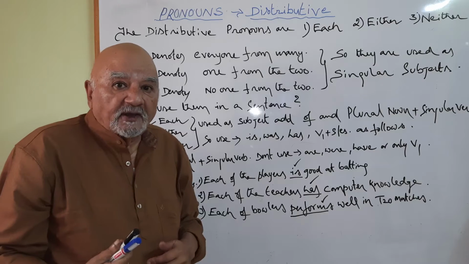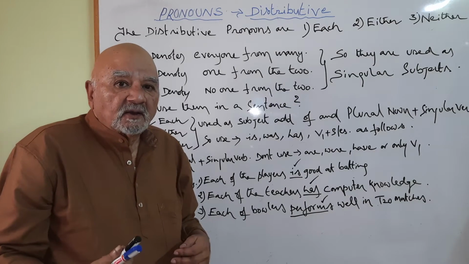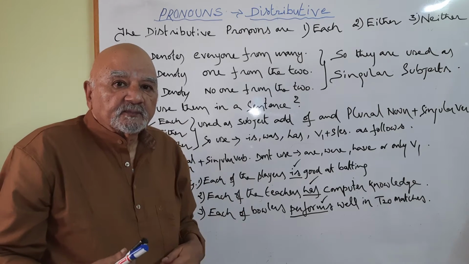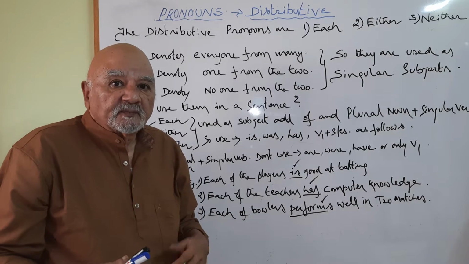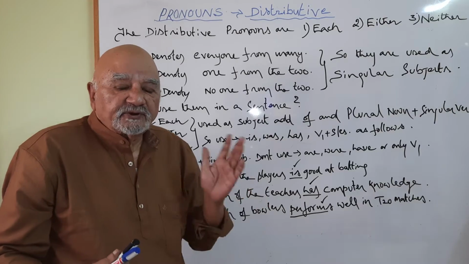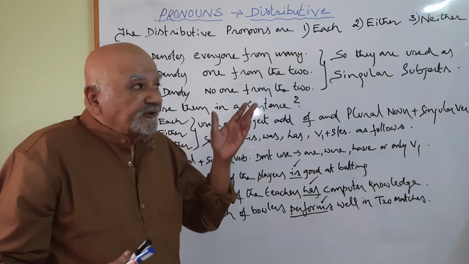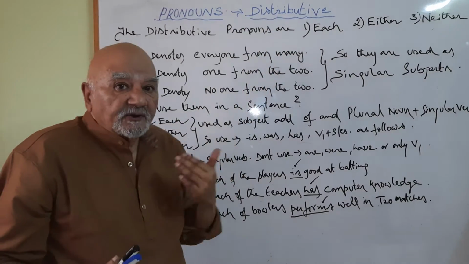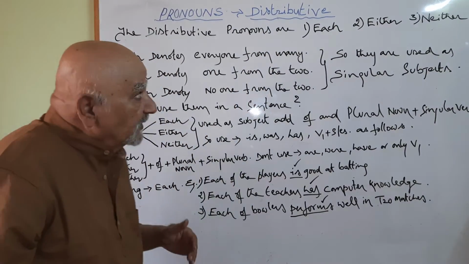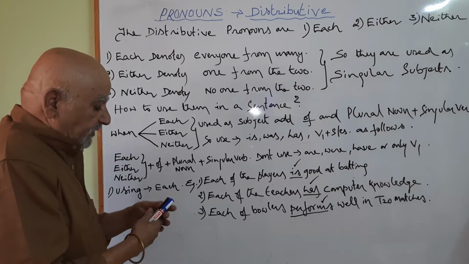Neither of the boys was good at English. Neither of the boys. So each, either, neither. These three are used as distributive pronouns. Now, the distributive pronouns, what are they?